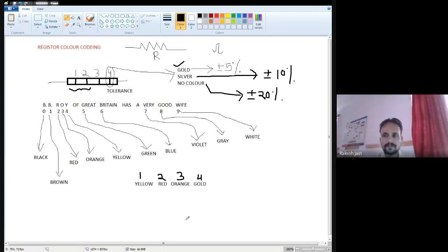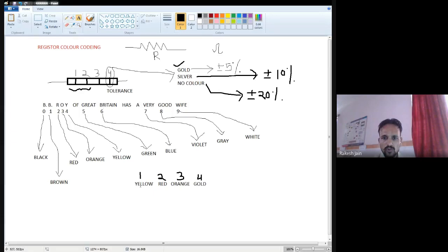Always the fourth color is either gold or silver. So you can easily find out the value of a resistor with the help of this color coding. Gold or silver is fourth, and the remaining are first, second, third.